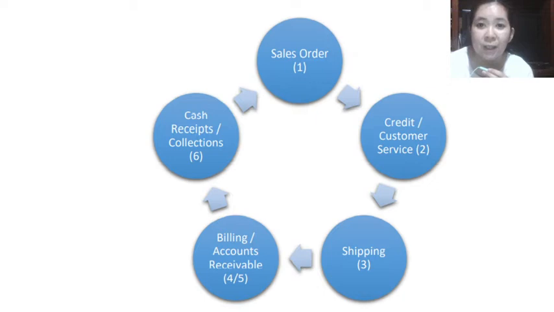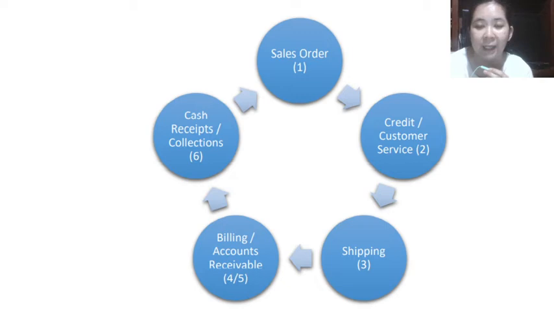And of course, the payment of the buyer to meet their obligation or their credit to the entity. And then the cycle will go on once the customer places an order again, and so on.